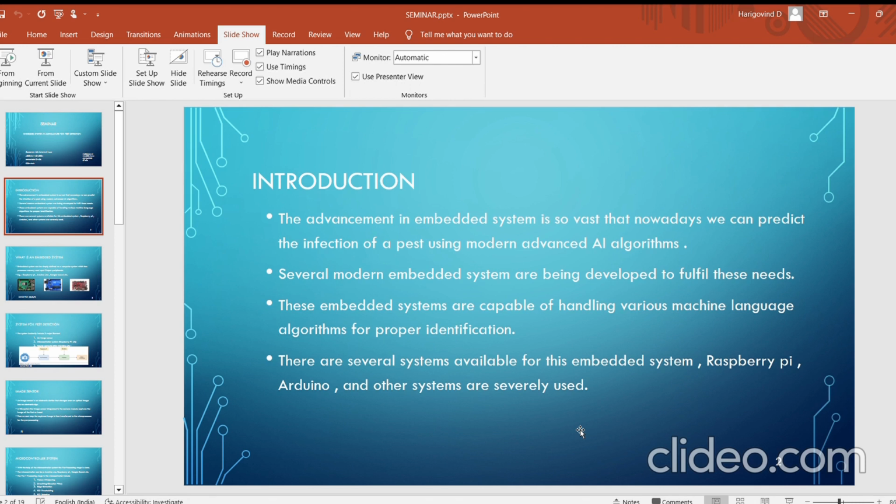So in this system we can use these types of algorithms to predict and classify the pests which are detected by it.